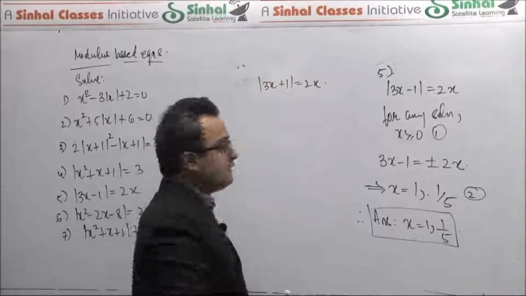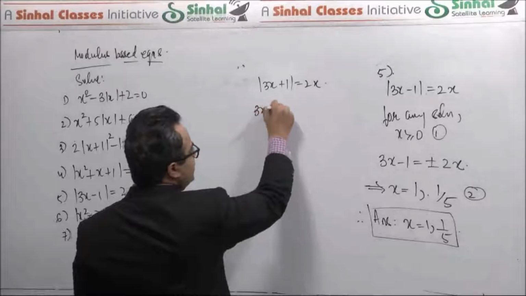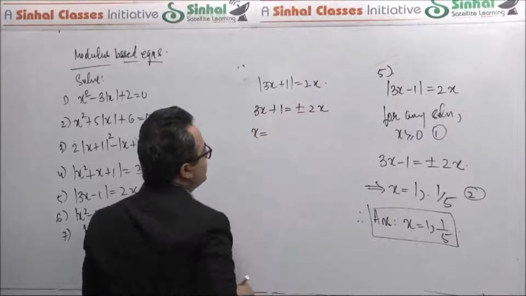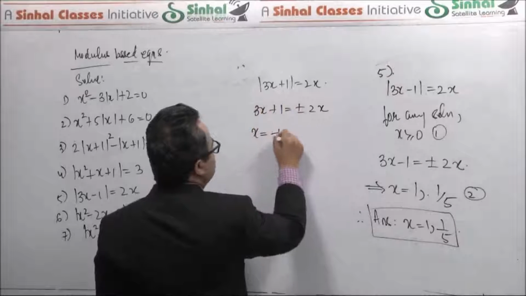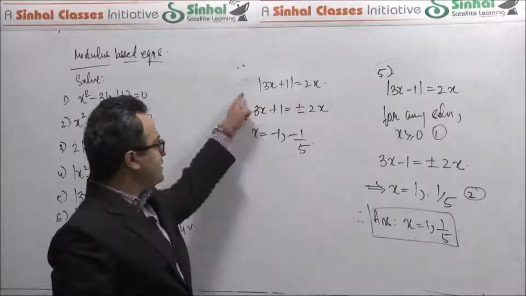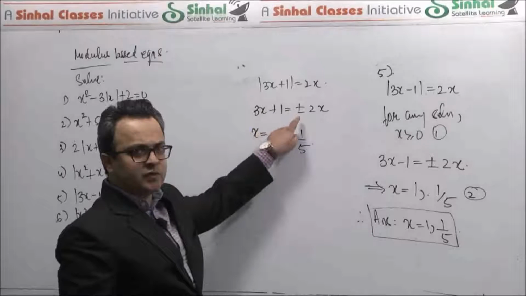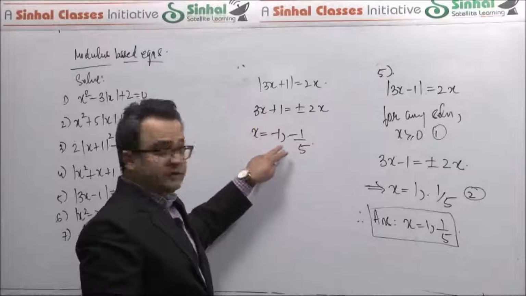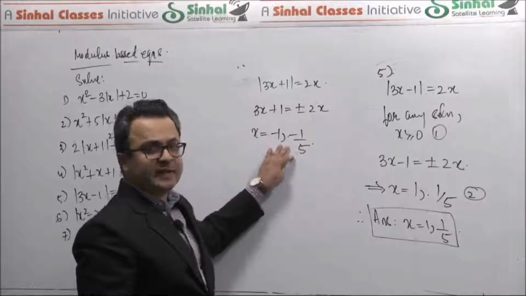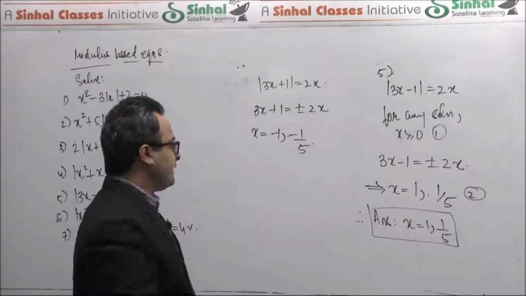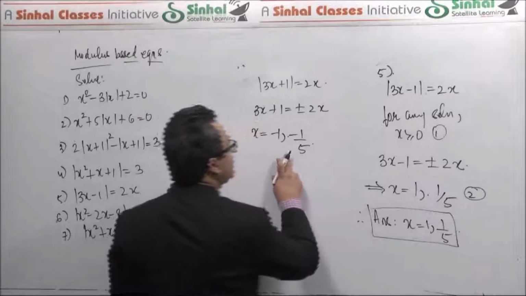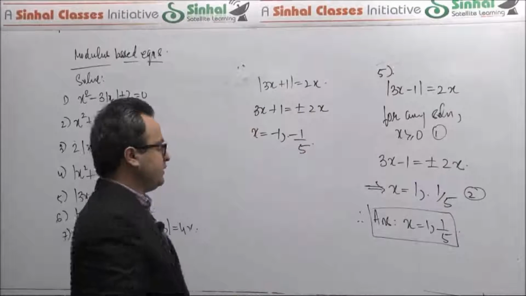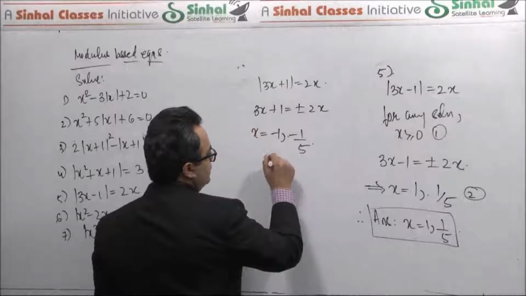If this had been the question, and you had proceeded by saying that 3x plus 1 is plus or minus 2x, and therefore x can either be minus 1 or minus 1 by 5, and said that this is the answer, it would have been wrong, because clearly for minus 1 and minus 1 by 5 the RHS is turning out to be negative, whereas the LHS is obviously greater than or equal to 0. So you would have had to reject both.